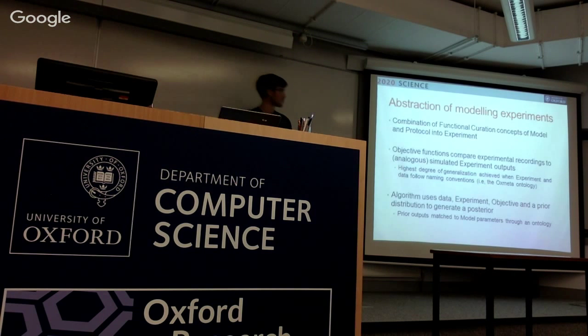There's one more ontological connection here, in that the naming of the model parameters has to match in a certain way. Right now we're using the names that we attach in the RDF tags in a CellML model as the names for our parameters, so that the algorithm knows which parameters to link up to the model and to change.